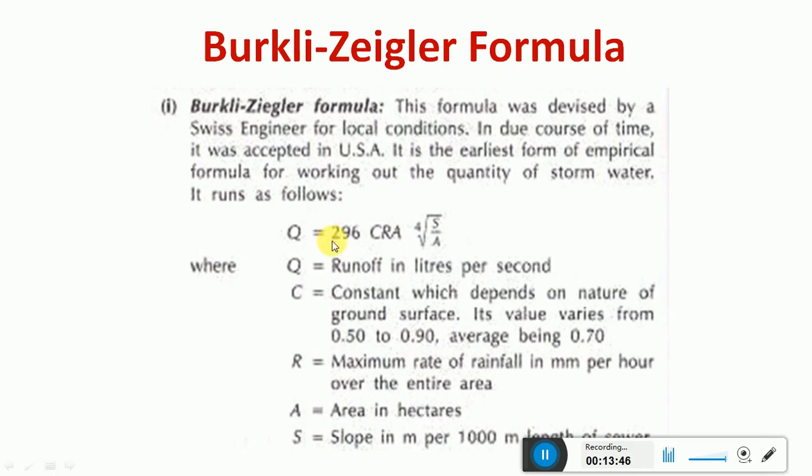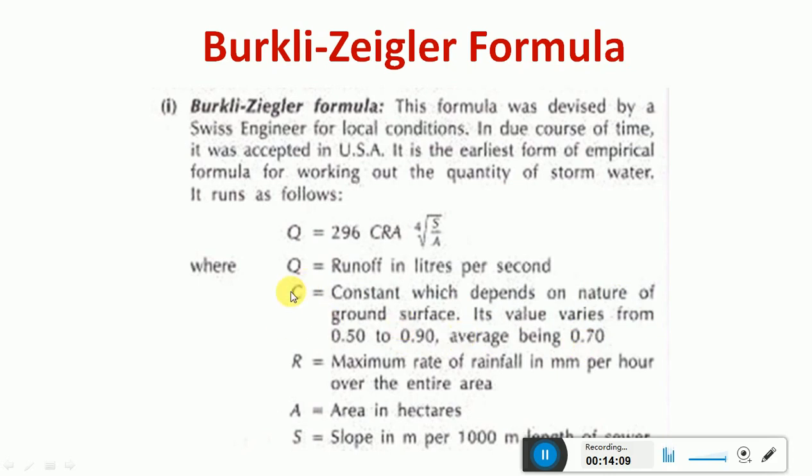It is given as follows: Q is equal to 296 CRA under 4th root S divided by A. Here Q is the runoff in liters per second. C is the constant, which depends on the nature of the ground surface. Its value varies from 0.5 to 0.9. On average you can take it as 0.70.